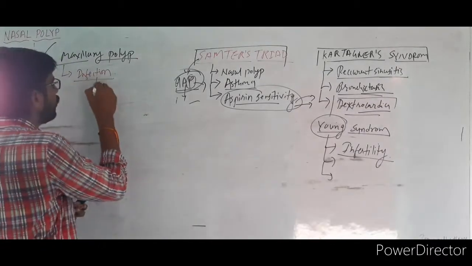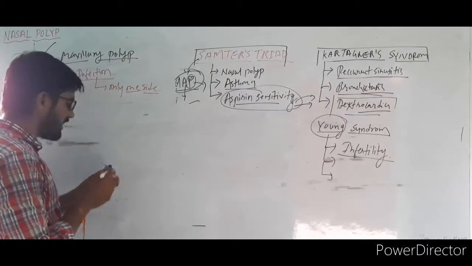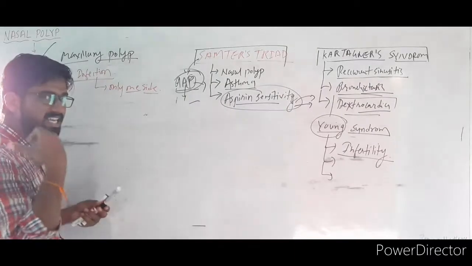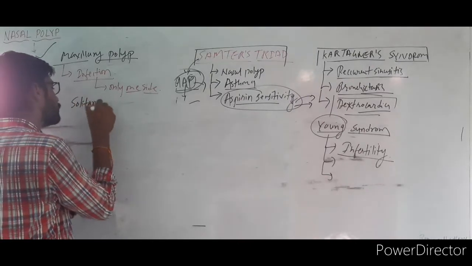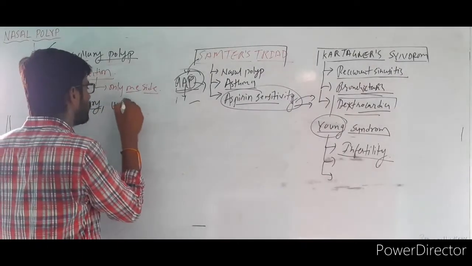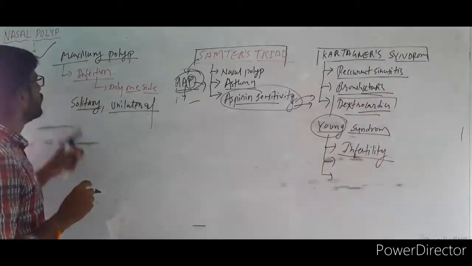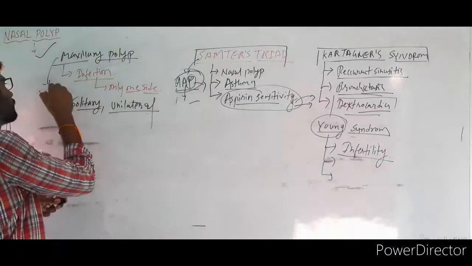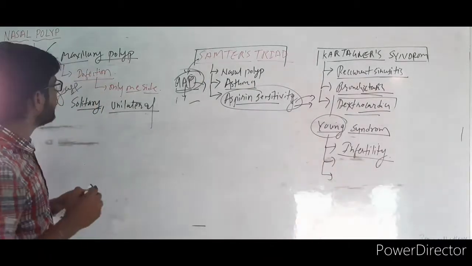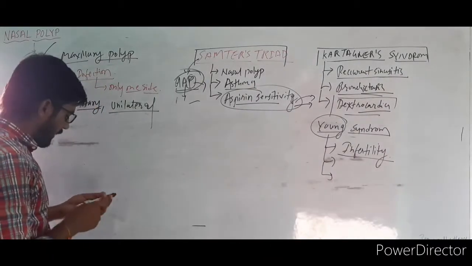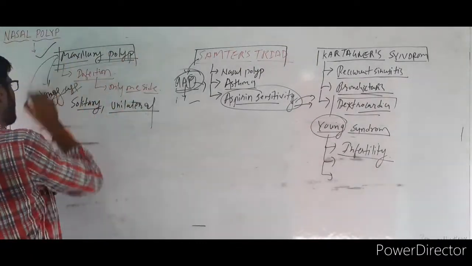Here the infection is only on one side. And since there are ethmoidal cells, that is why those polyps are multiple. But here it is solitary and only unilateral, and it is very common in the young age group. This maxillary polyp is also called antrochoanal polyp. The actual name is antrochoanal polyp.